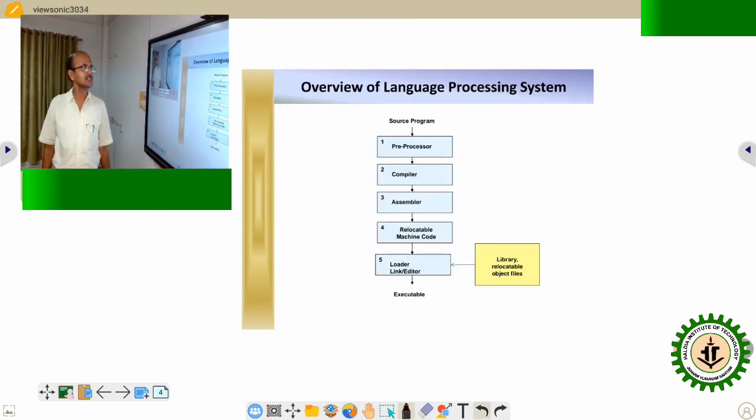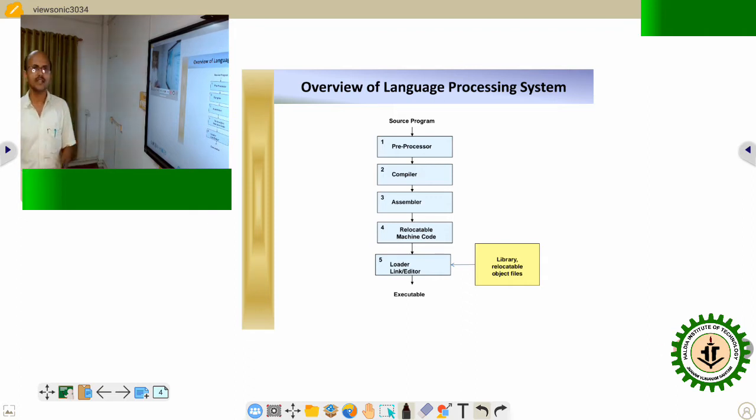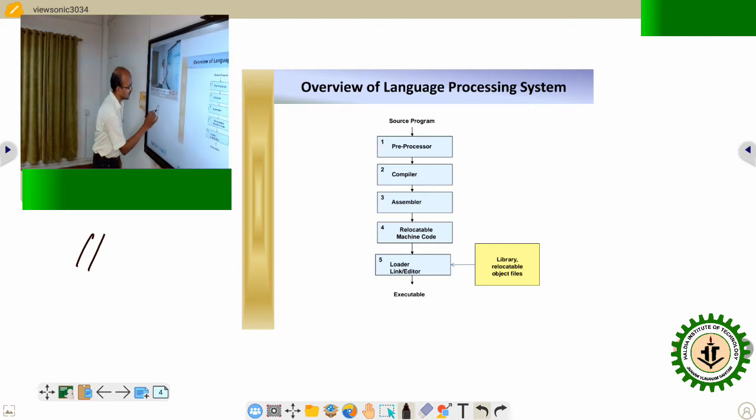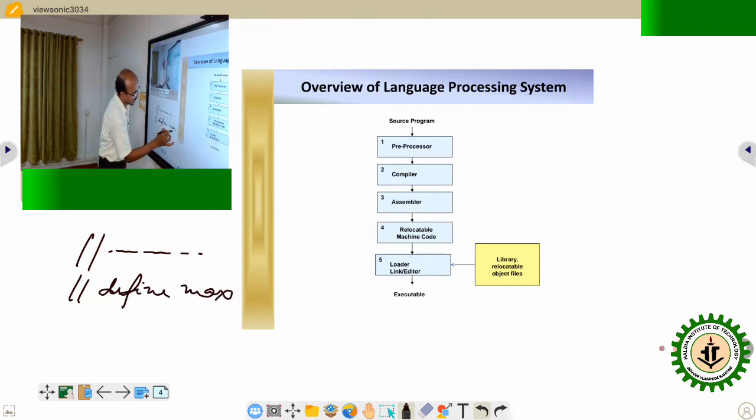Now this is the overview of the language processing system. We write one program, say in C, and it is saved as a .C file. We do not know what is happening behind the compilation and execution processes. Before the executable program is ready, many things are done. First of all, pre-processing. Suppose we have written one program where we have defined max as 5.